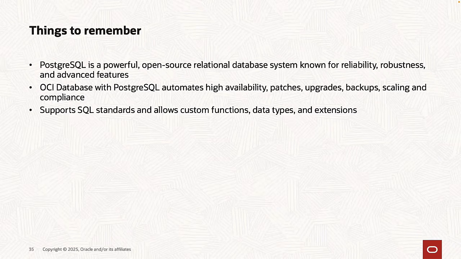At OCI specifically, we take Postgres and we offer a managed Postgres service whereby we automate the boring, if you will, but not necessarily boring, operational tasks around high availability, patching, upgrades, backups, scaling, and compliance. And then Postgres, as well as our Postgres managed service, supports SQL standards, allows custom functions, data types, and extensions.